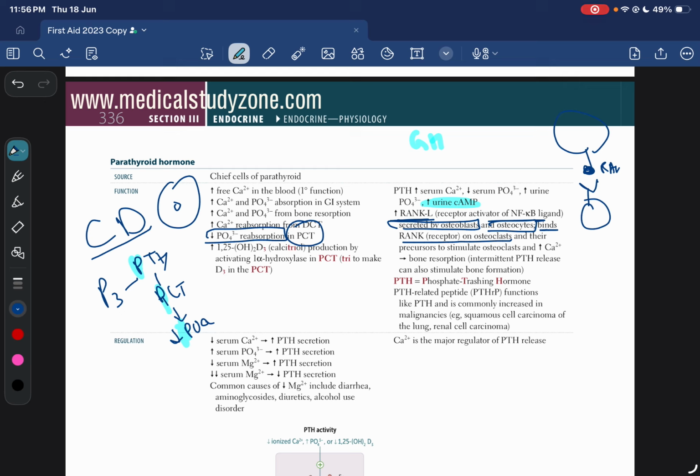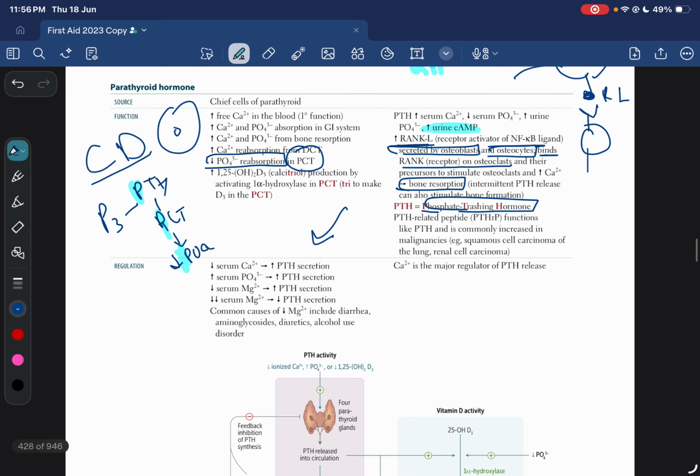What happens is parathyroid hormone is going to stimulate osteoblast cells, whose RANK ligand binds onto the RANK receptors. Now osteoclast cells are going to get activated, leading to bone resorption. Parathyroid hormone is a phosphate trashing hormone. This means increasing the excretion of phosphate in the urine.